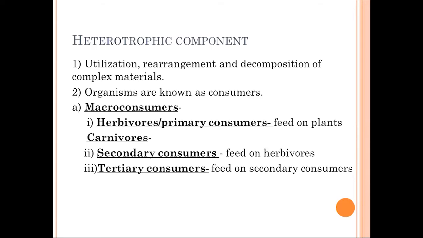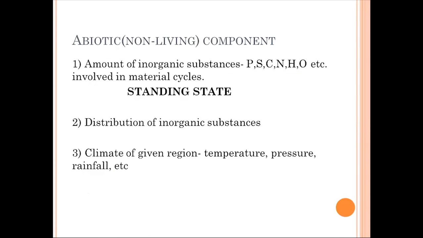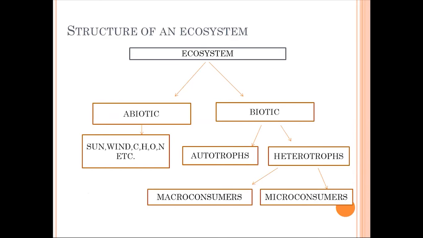They are also known as consumers because they consume the food which has already been prepared by the plants. Again, in the chart, we differentiated heterotrophs into macro consumers and micro consumers.